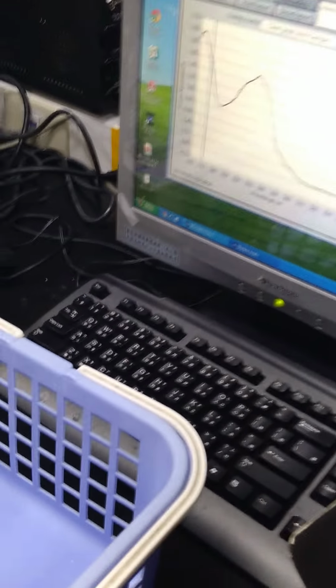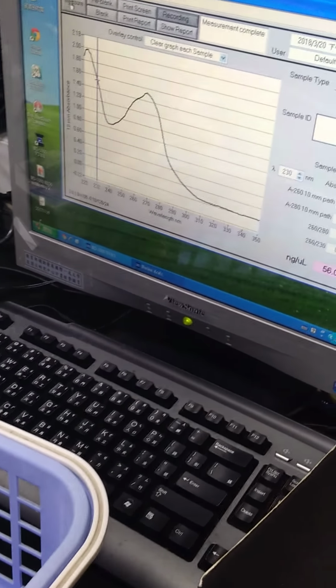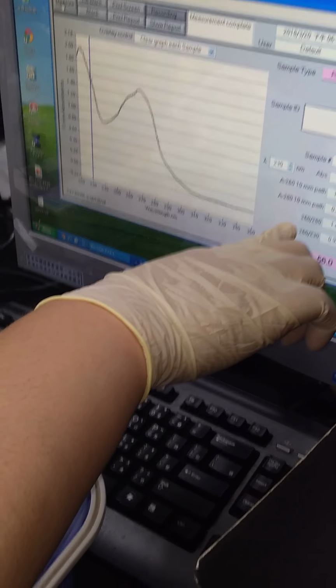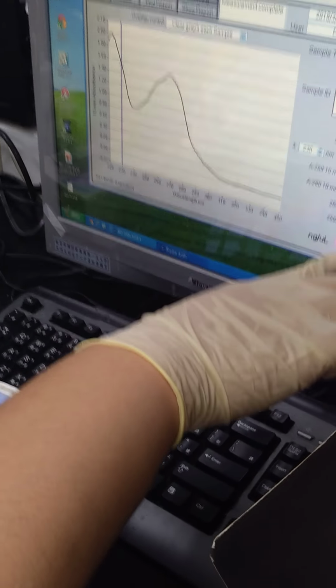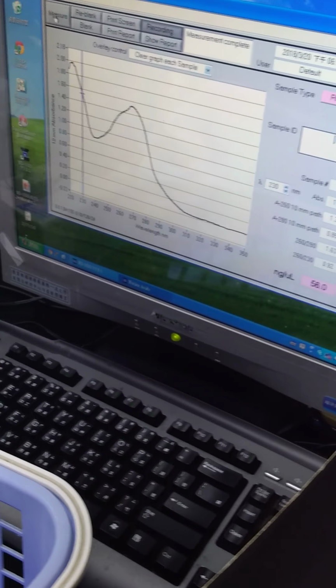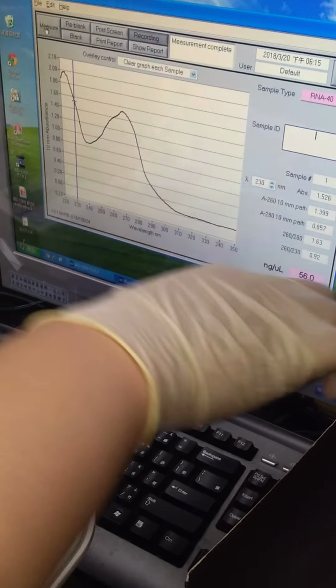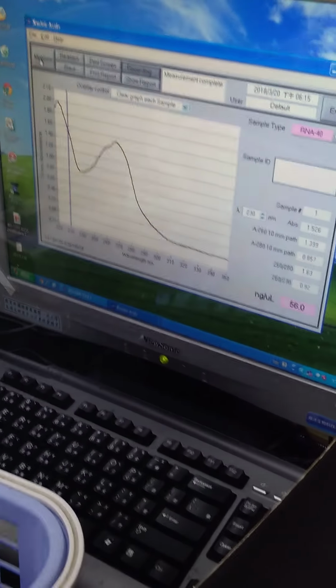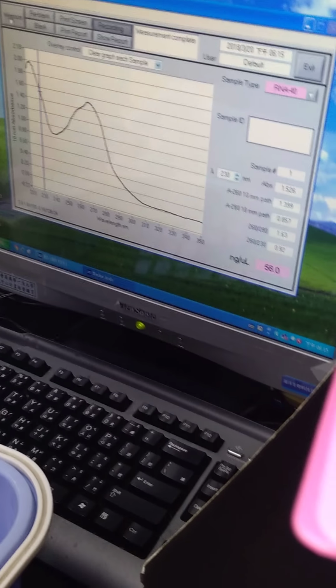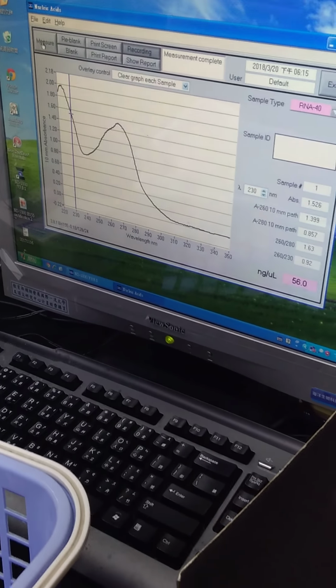Okay. And you need to set the frequency. What kind of frequency? Absorbance. The default setting will measure the absorption at 260 and 280 and 230. The 260 is the nucleic acid absorption, like DNA or RNA, and the 280 is the protein absorption, and the 230 is some organic salt.